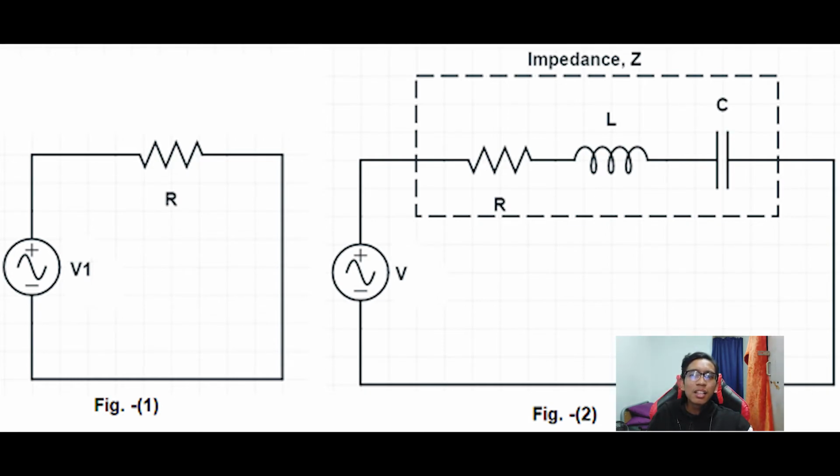Impedance takes in common electrical components such as inductors and capacitors. Hence, having a complex number representation is crucial in AC circuit analysis.